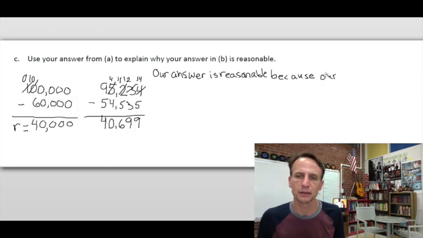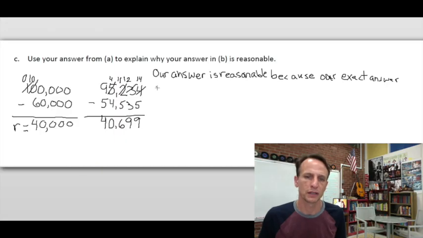Our exact number, our exact answer, we can say, rounded, and what place do we round to? To the nearest 10,000.